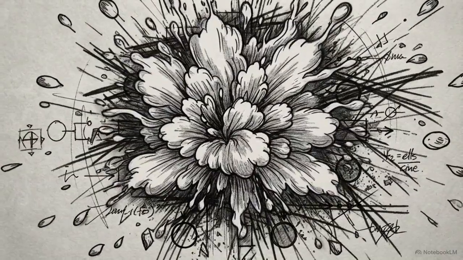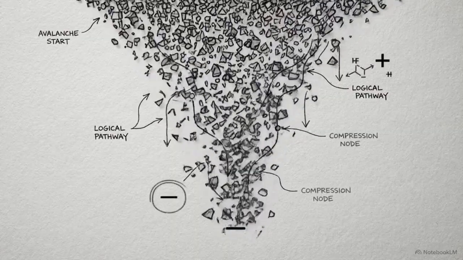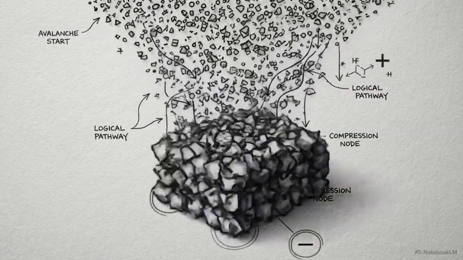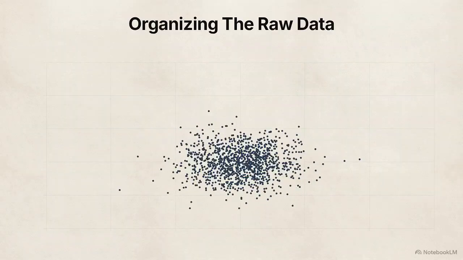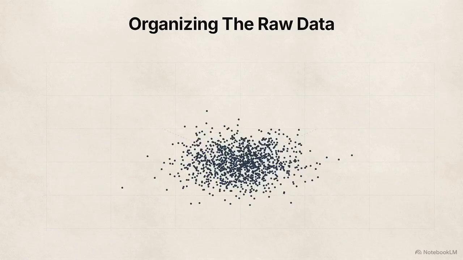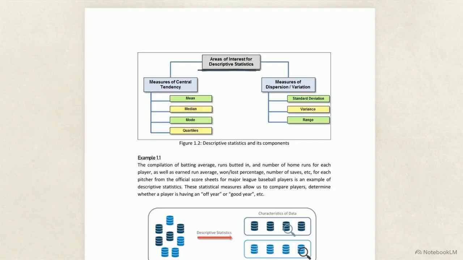Once you collect thousands of observations, the raw dataset outgrows human comprehension. You cannot read a wall of 10,000 numbers and extract meaning. Descriptive statistics provide the methodology to organize, display, and summarize that massive wall of data mathematically. This diagram outlines the two primary analytical lenses used to achieve that summary: central tendency and dispersion.